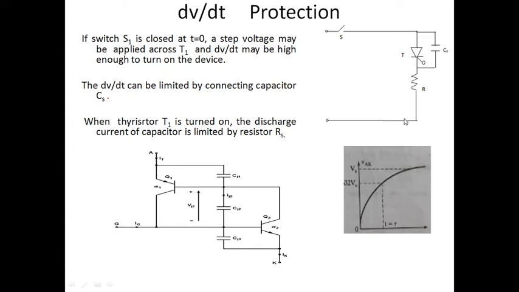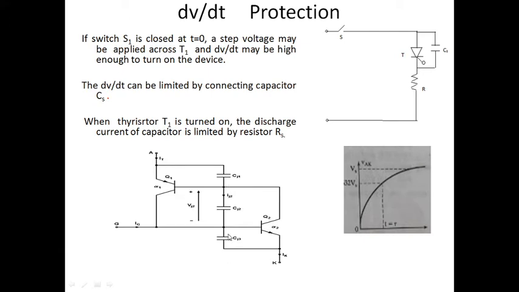We need to protect our SCR from high dV by dt. What do we mean by dV by dt? In the last class we studied what dV by dt is. We are modeling the SCR like this, correct? The 2 transistors and 3 junctions of an SCR we model as 3 capacitors.